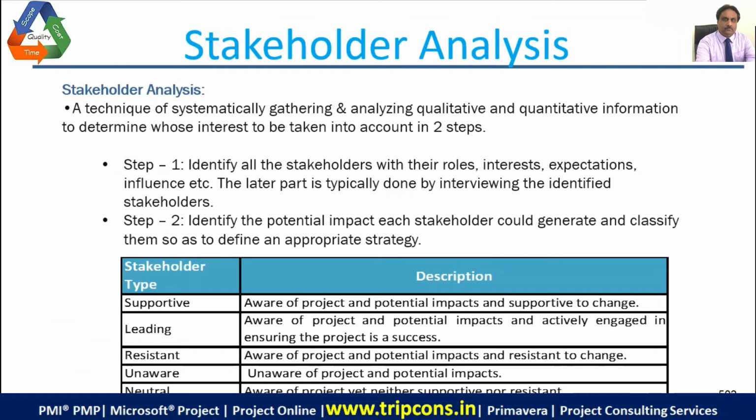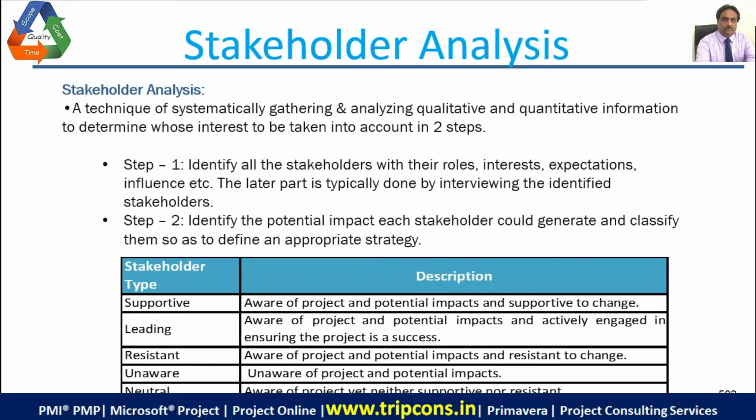So the stakeholder register basically starts with the columns for the stakeholder analysis. How do we do that? It is a technique of systematically gathering and analyzing qualitative and quantitative information to determine which stakeholders' interests are to be taken into account, in two steps.